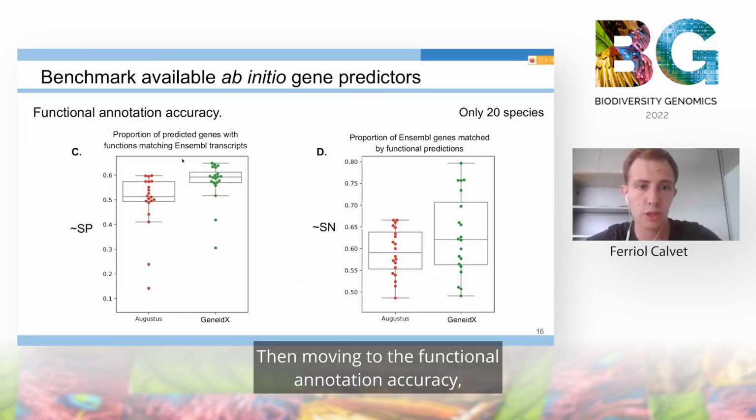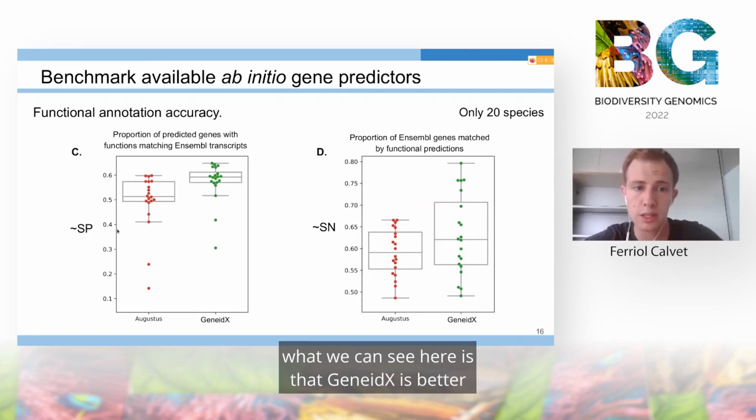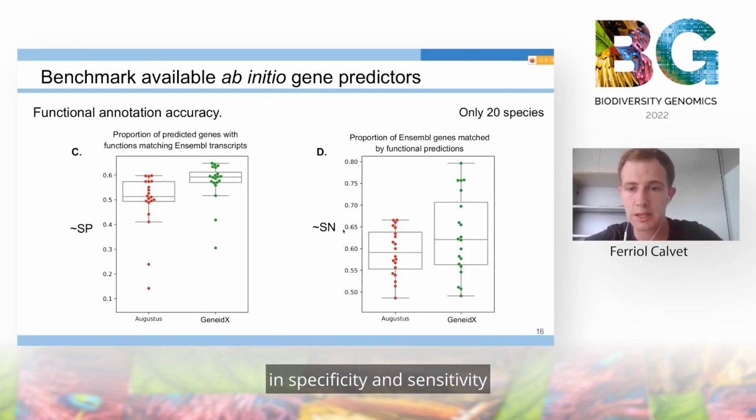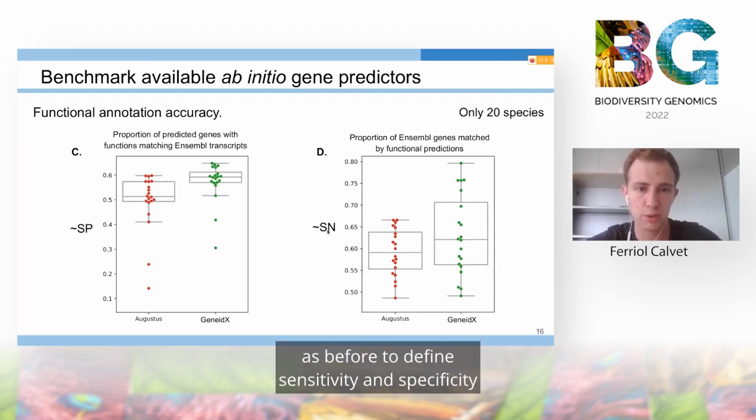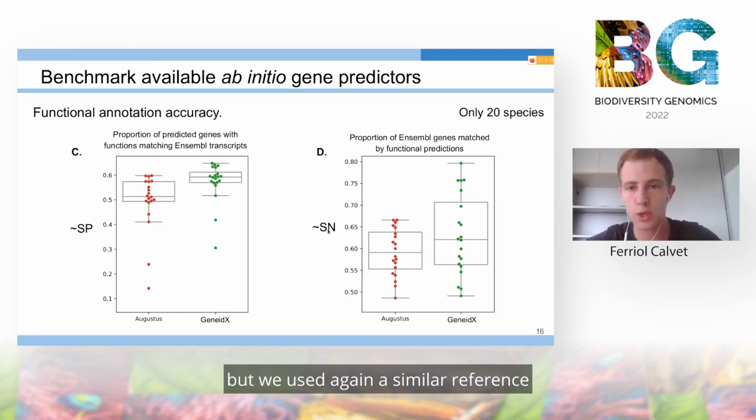Then moving to the functional annotation accuracy, what we can see here is that Geneid is better in specificity and sensitivity as defined by our analysis. It is not as straightforward as before to define sensitivity and specificity, but we used, again, Ensembl as reference, and we tried to define these 2 metrics.